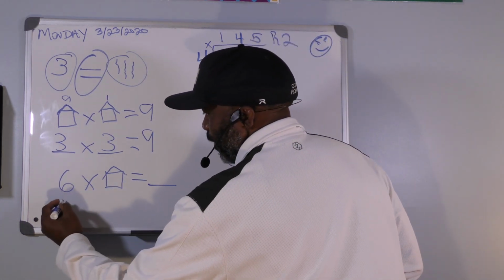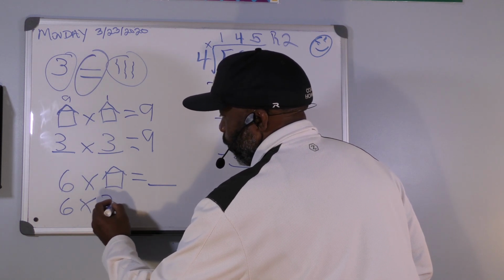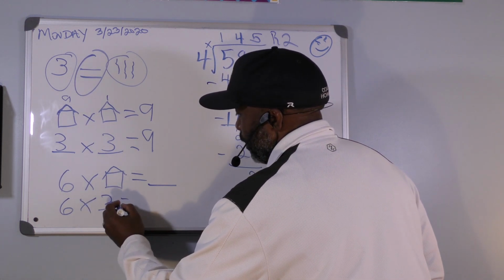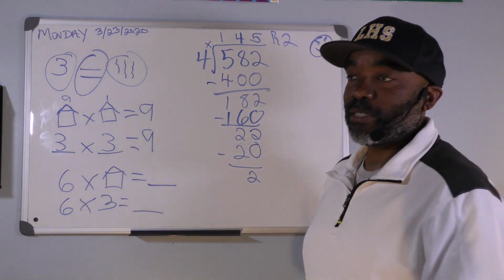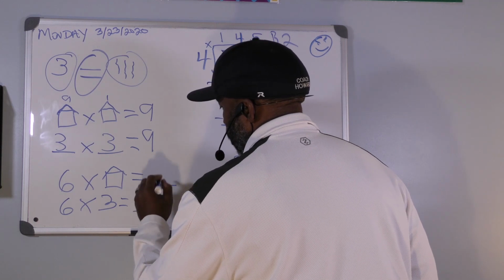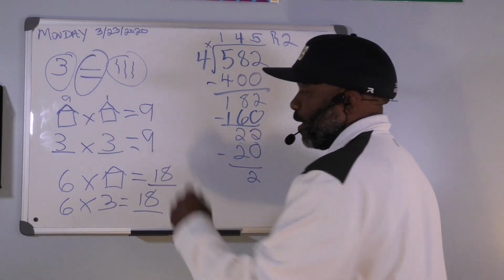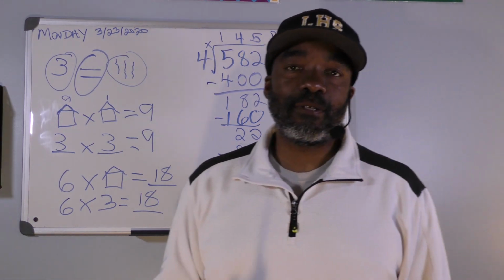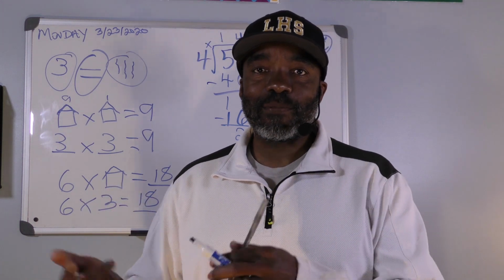If we really broke this down and we said 6 times 3, why 3, Lily? Because 3 is the value of the house. 6 times 3 must equal what? 18. So, as they like to say in our book, that must mean that 6 times a house equals 18. Just a little teaser about some of the stuff that we're going to be looking at.